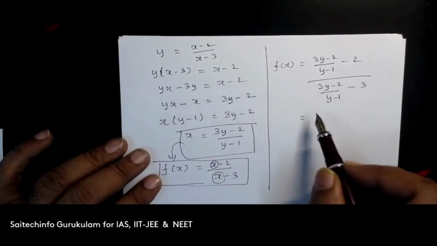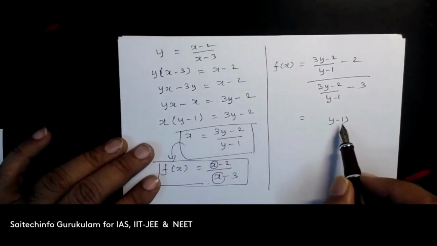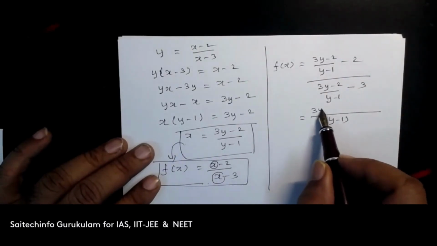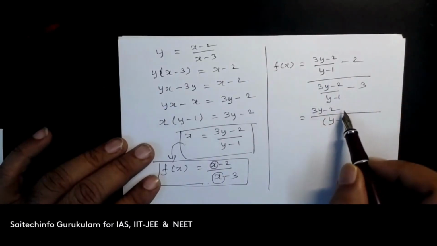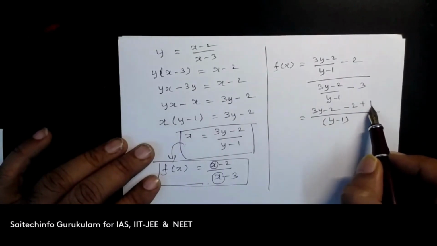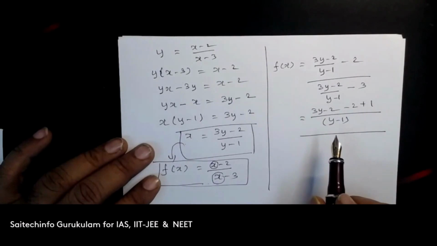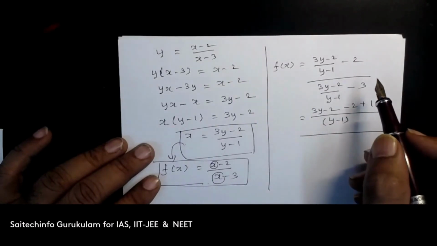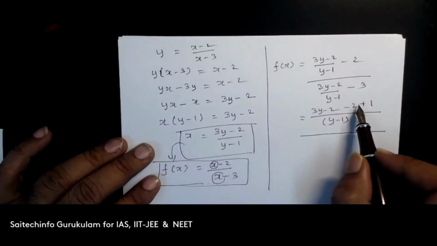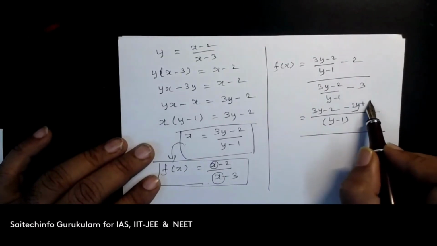Now let us take the LCM. So y minus 1 is the LCM. Okay. So this is 3y minus 2, multiply, and you will get minus 2 and then minus into minus 1 plus 1. Okay. Whole divided by, right, whole divided by, that is 2 into y, minus 2y, minus 2 into minus 1, plus 2.